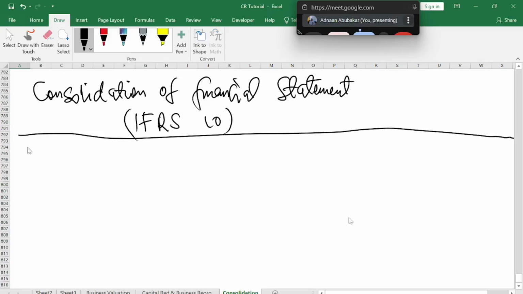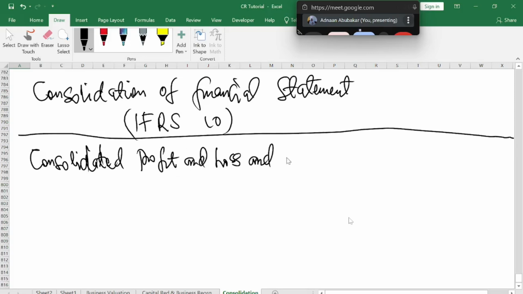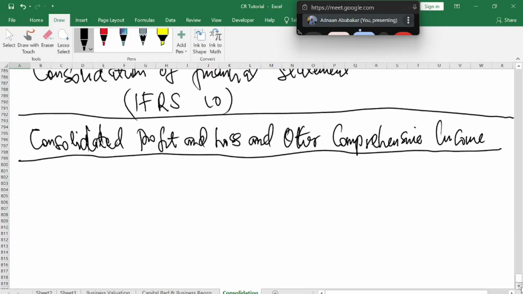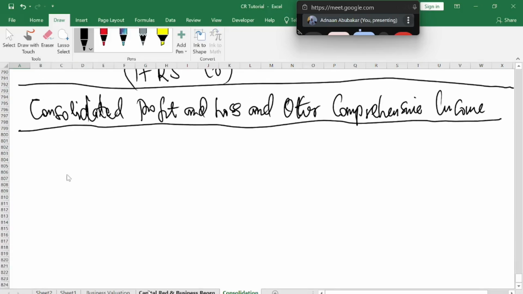First, you have the consolidated profit and loss and other comprehensive income. This is how it looks.